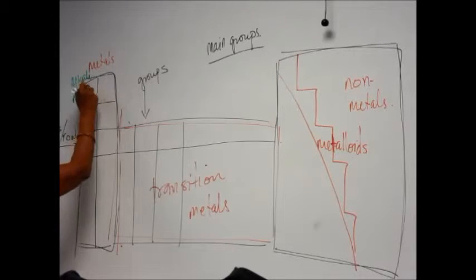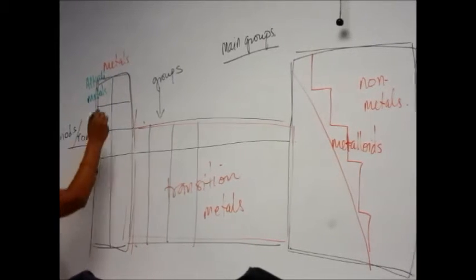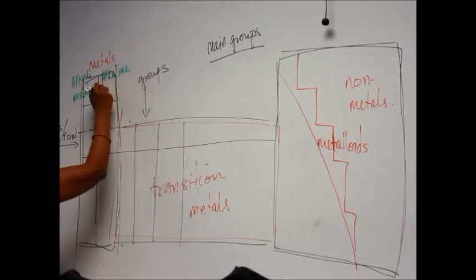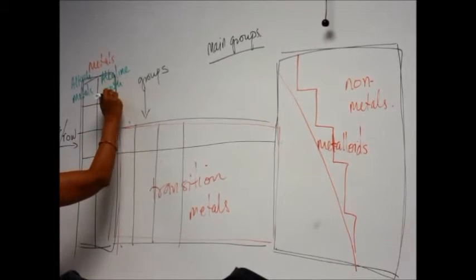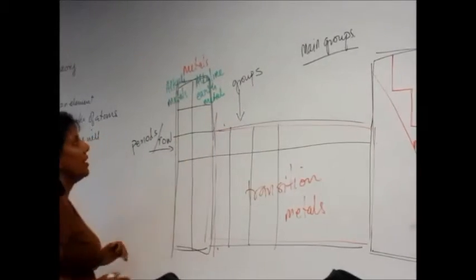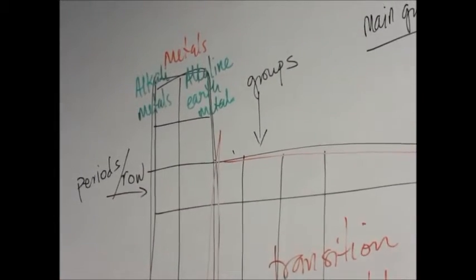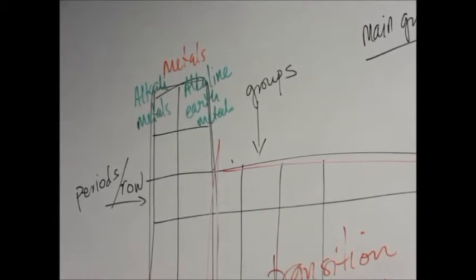The first group is called alkali metals. The second one is called the alkaline earth metals, right here. They're both metals, but you still call them alkaline earth metals or alkali metals.